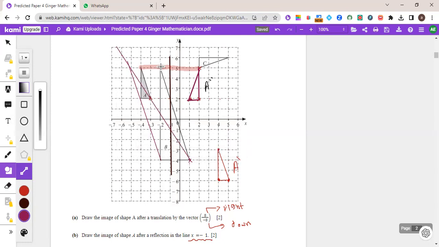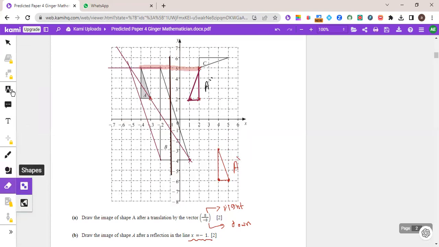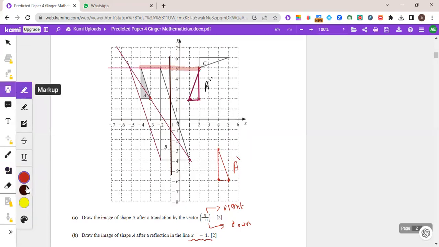And also the image of this point is this one. So all of them connected at negative 5, 5, which is the center.